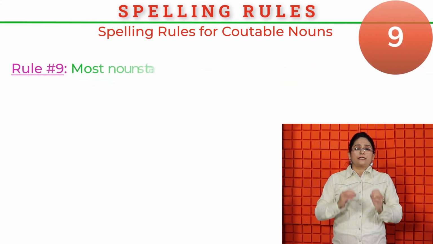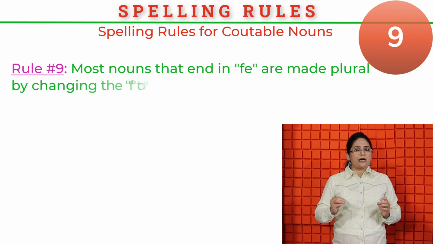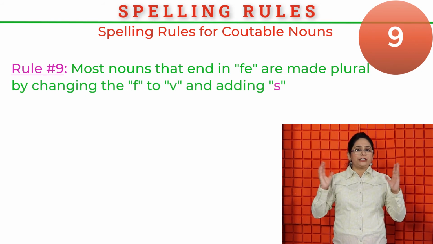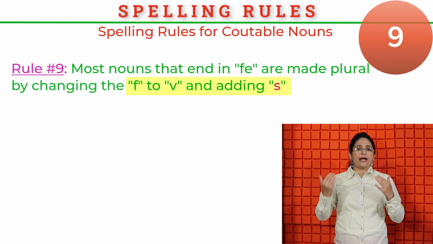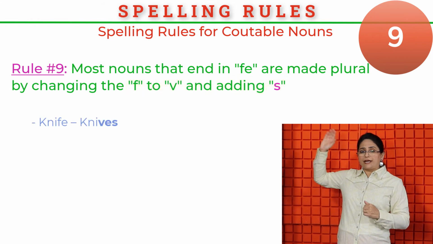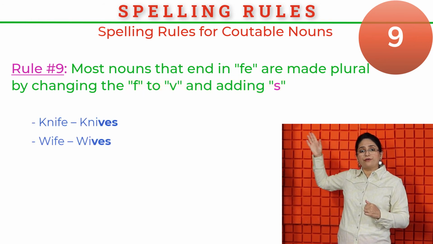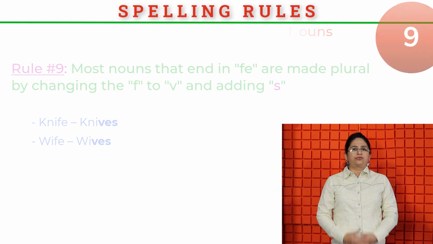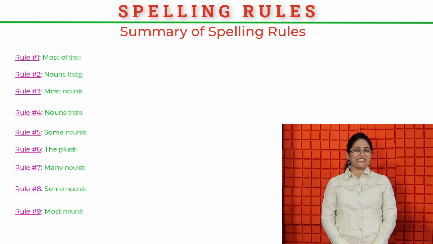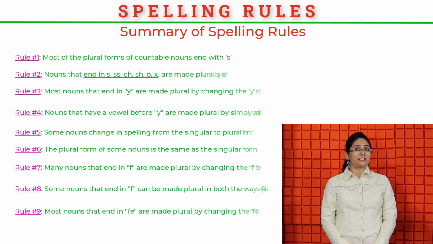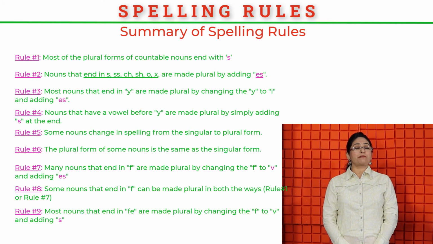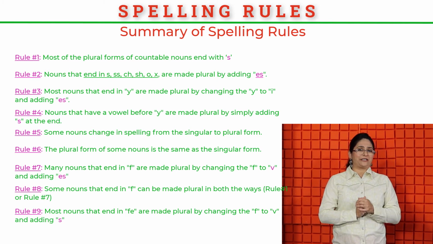Most nouns that end in FE are made plural by changing the F to V and adding S, like knife, knives, wife, wives. Oof, too much, right? But you need to remember it so that you should not make mistakes while typing or writing.